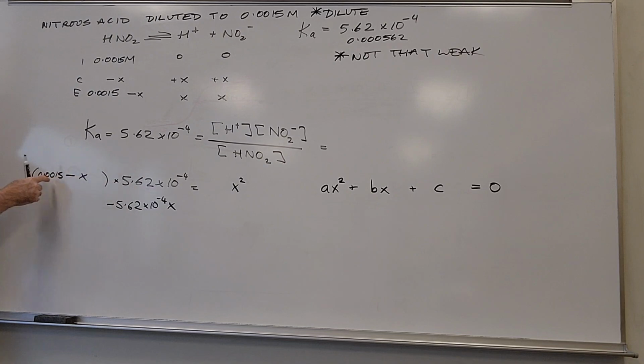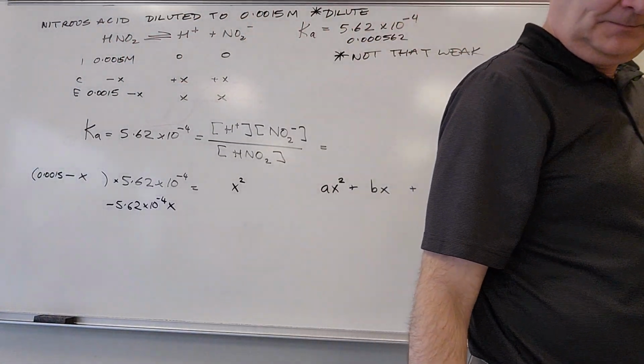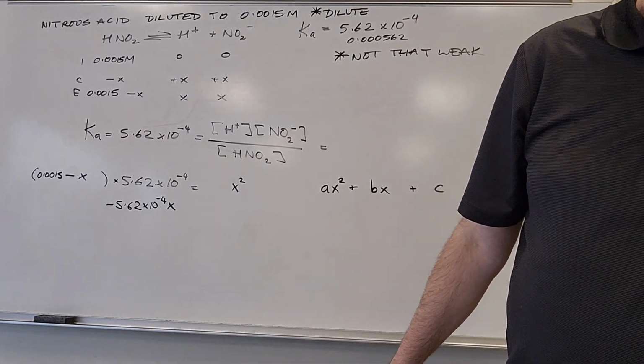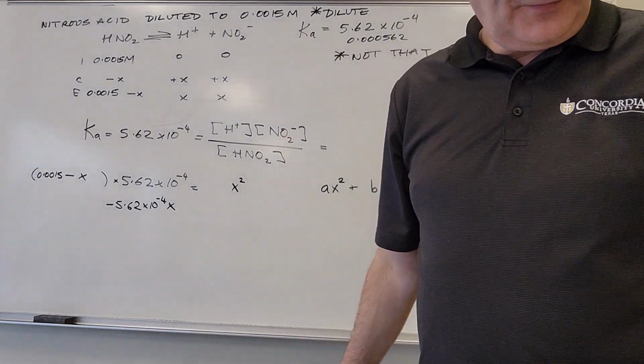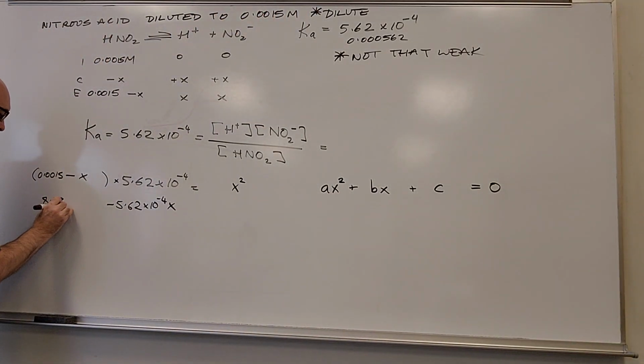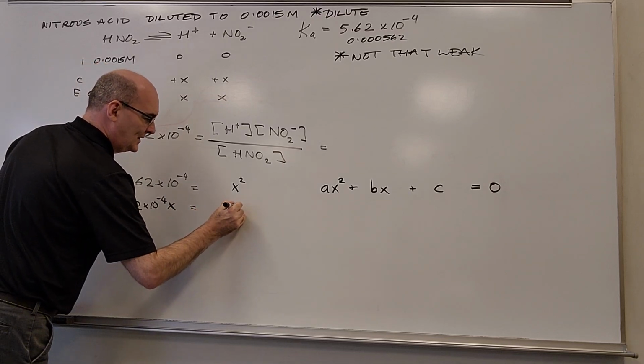And then whatever those two numbers multiplied by each other are. I got 8.43 times 10 to the negative 7. Okay, so that now equals x squared.